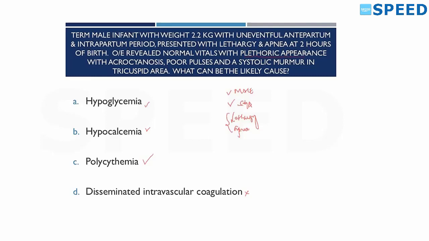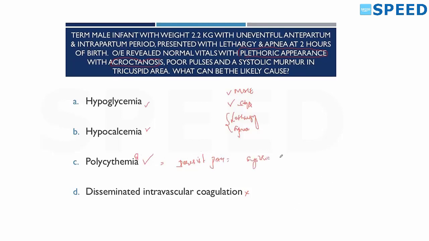So plethoric appearance. Plethoric appearance means congested face. Acrocyanosis. This congested face and acrocyanosis are very much common in patients with polycythemia. The other clue for the polycythemia is persistent pulmonary hypertension in this neonate, which has resulted in systolic murmur.